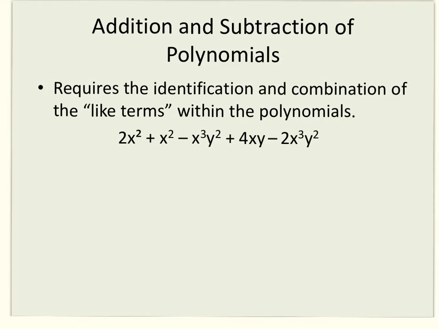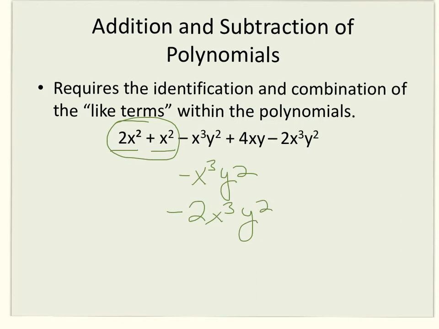So identifying the like terms in this polynomial, we would see that 2x squared is a like term with x squared, and no other terms are like terms with those two terms. So these two terms are like terms. The other set of like terms would be negative x cubed y squared and negative 2x cubed y squared.